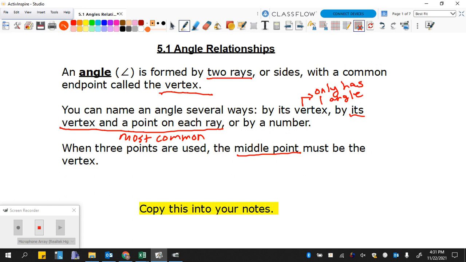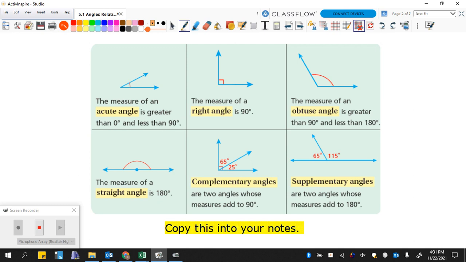If you have an acute angle, it is less than 90 degrees. A right angle is exactly 90 degrees, and an obtuse angle is greater than 90 degrees. A straight angle is exactly 180 degrees.